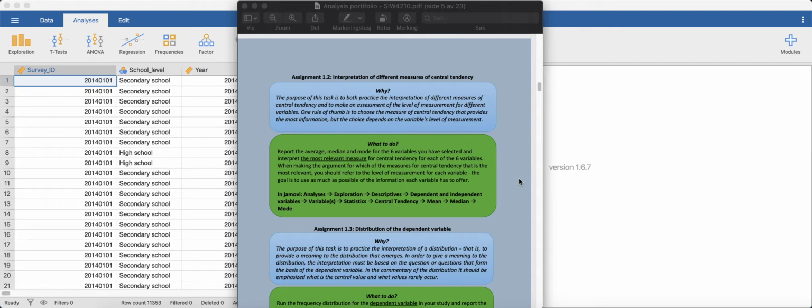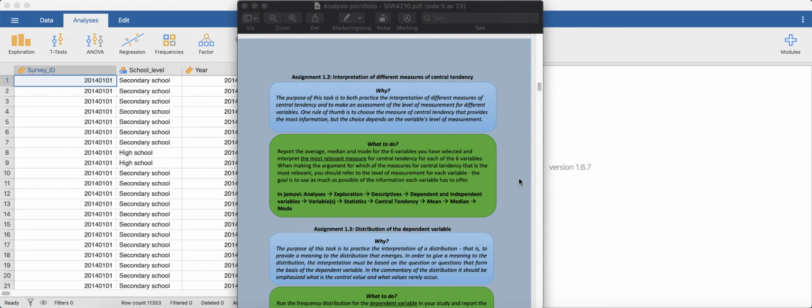So again, you want to choose the measure of central tendency that provides the most information, but you have to be conscious of the variable's level of measurement, because certain measures of central tendency demand a higher level of measurement.